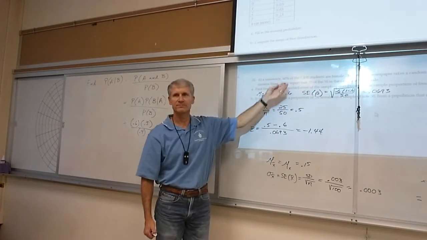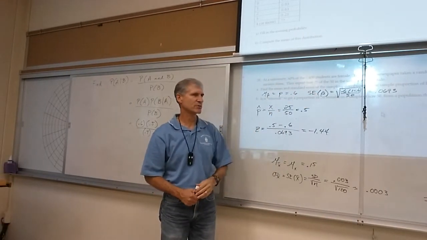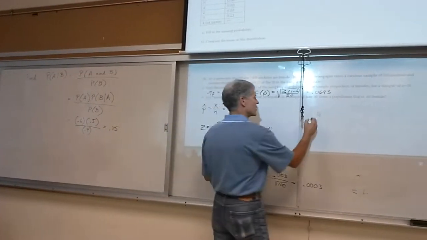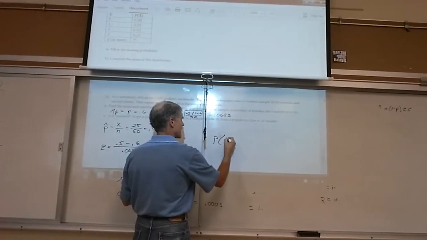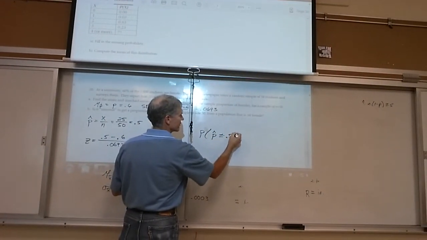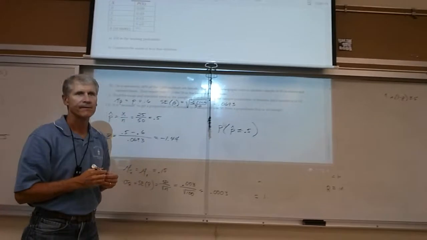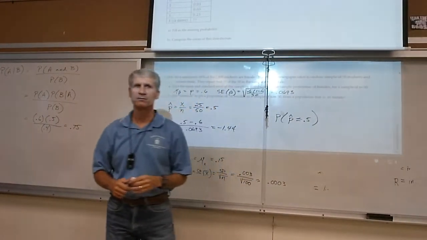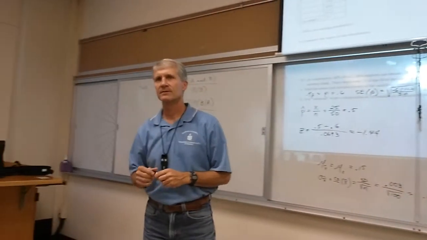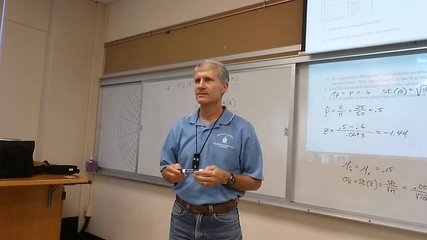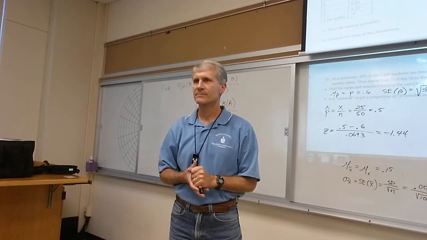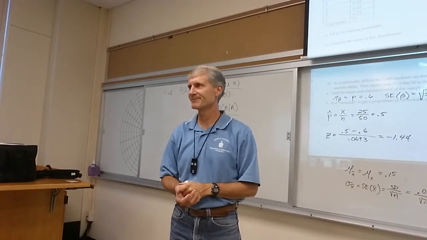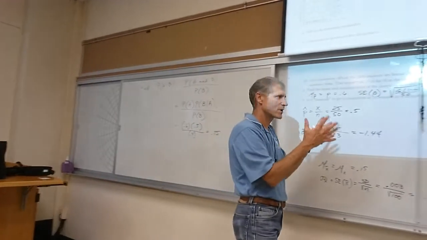But if I wanted to answer this question with probabilities, we could use our normal CDF function and find the probability that p hat is less than or equal to 0.5. Why do I have to put the or equal? Why can't I just put equal 0.5? Because it's the normal distribution I'm using, and that would be 0. So you need a range.